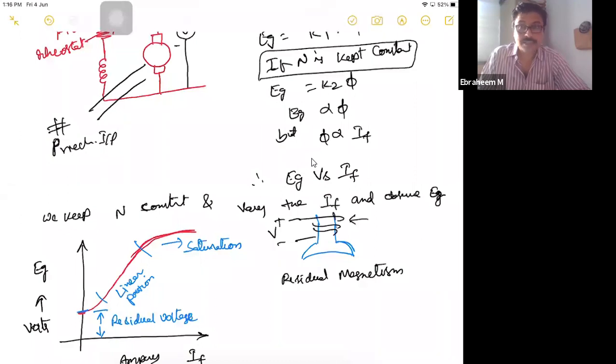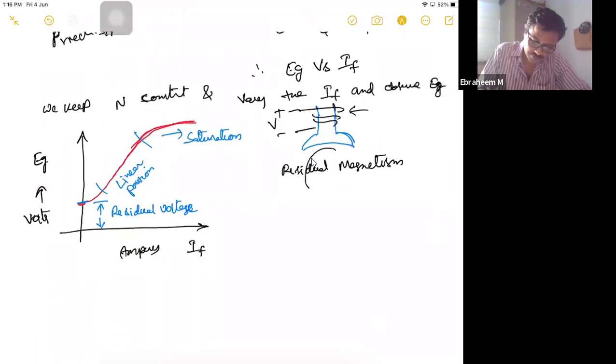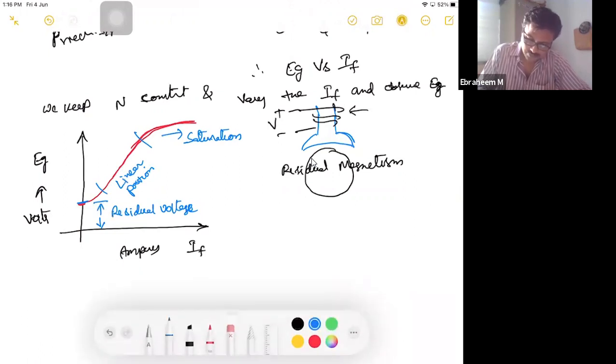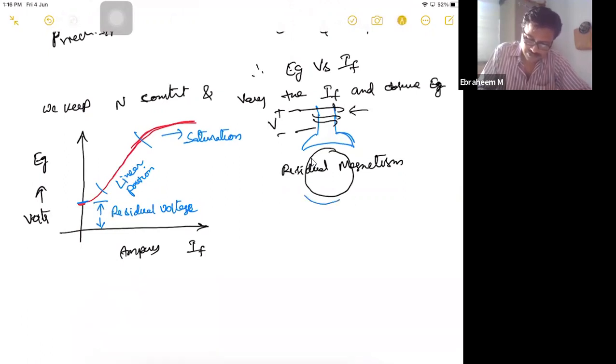But because of the presence of residual magnetism in the field poles, and you are rotating the armature under these poles, a very small amount of flux is produced by the field poles.